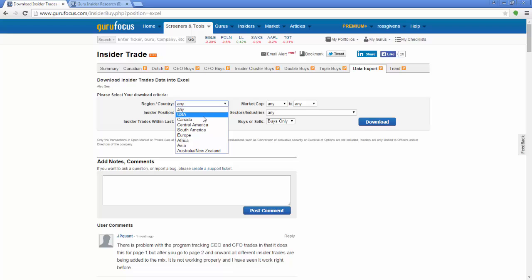So you can actually search by country, by who's doing the buying, the time period, the market cap, and an industry, and search by buys only, sells only, or both, and actually download all that data.